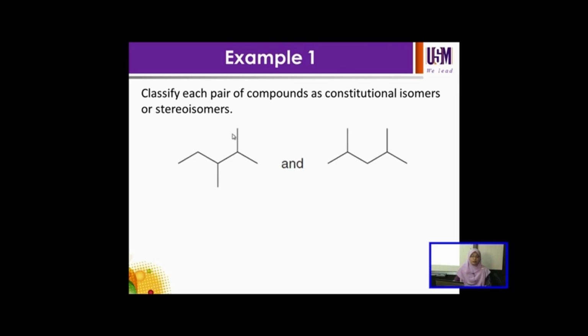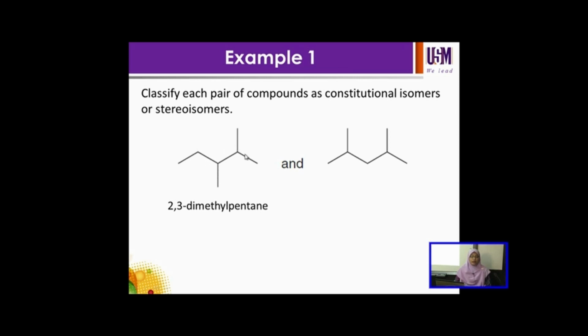So we have these two structures. What you can do first is, because they are isomers, you know that they have the same molecular formula. Now the only thing that we see here is the difference in the substituents. So this one we name as 2,3-dimethylpentane.